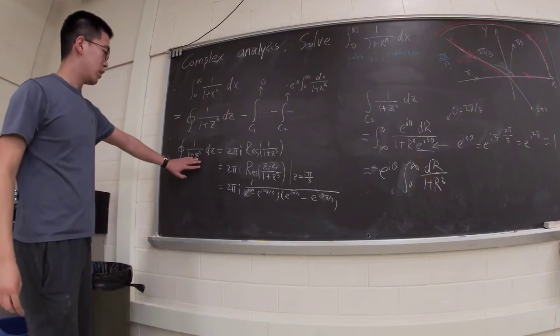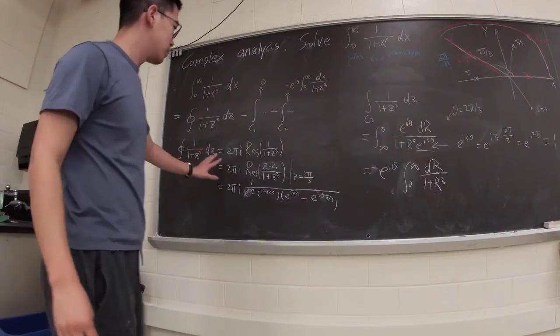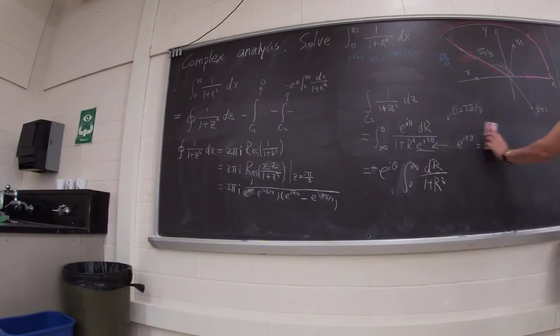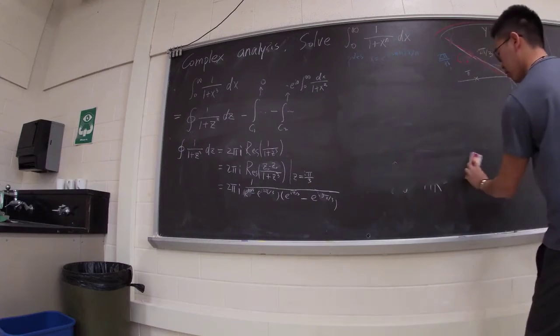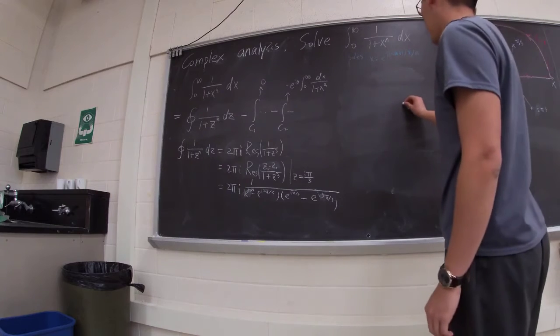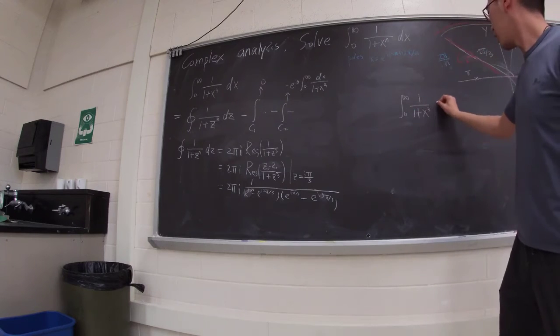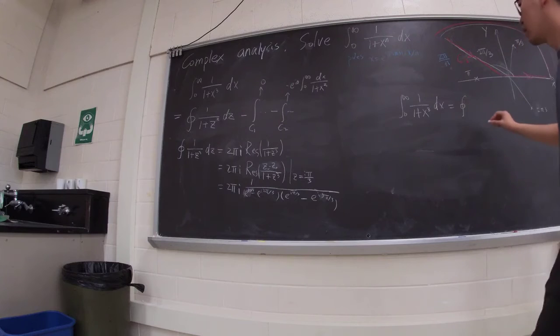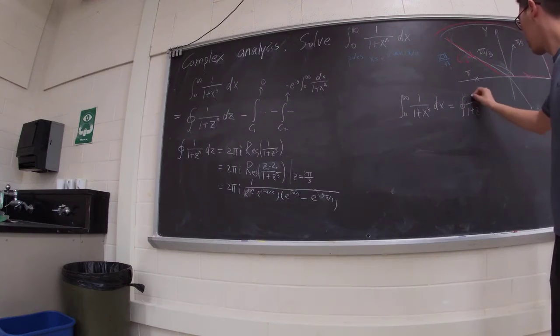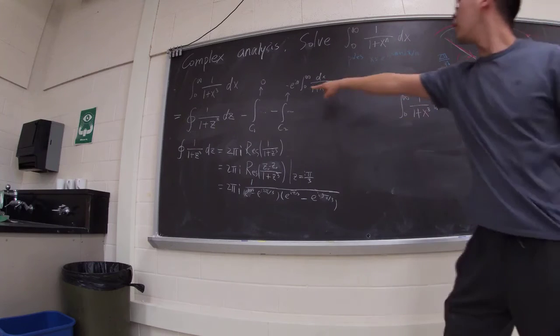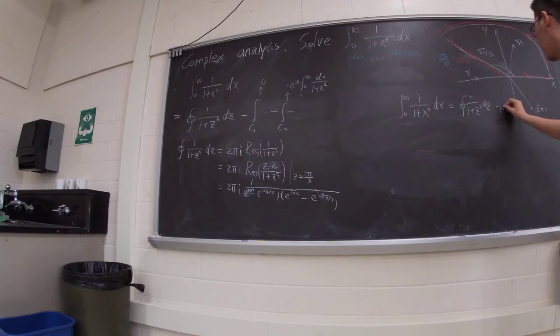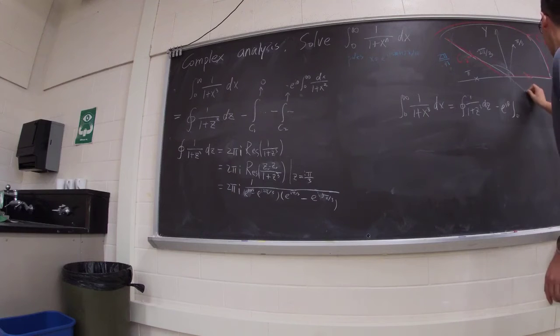Then let's rearrange everything. We'll have the integral from 0 to infinity of dx over 1 plus x cubed equals the total integral minus e to the i theta times the integral from 0 to infinity of dx over 1 plus x cubed.